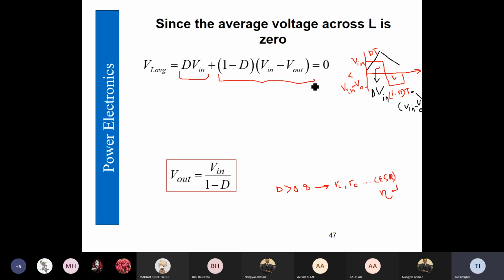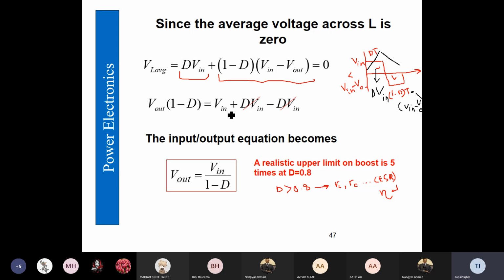So now setting the average to 0 gives us the relationship between input and output voltage. The boost factor, or the voltage gain in this case, is Vout over Vin, and that is going to be 1 over (1 minus D).